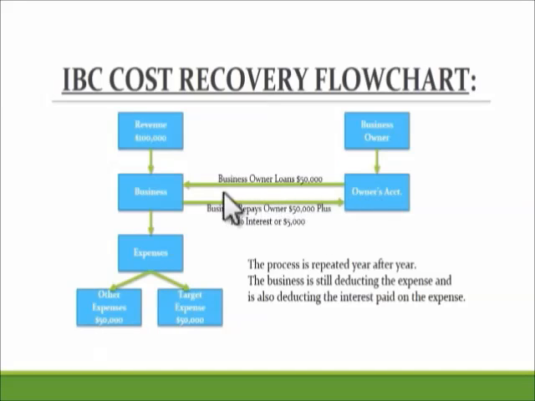You loan your business $50,000 to pay the targeted expenses you want to recover. Your business with cash flow repays you the $50,000 plus 10% interest or $5,000, a total of $55,000. The process is repeated year after year. The business is still deducting expenses and is also deducting interest paid on the expense.